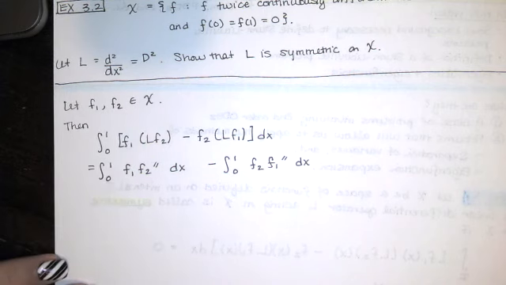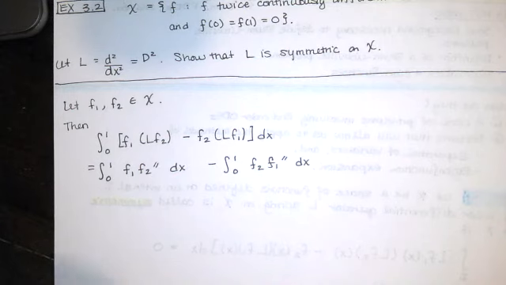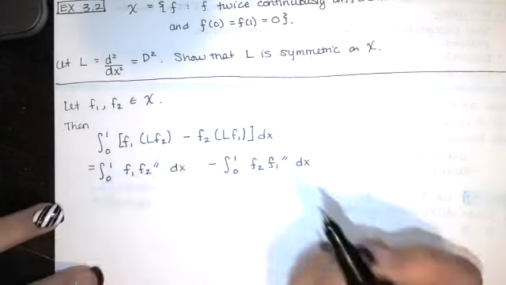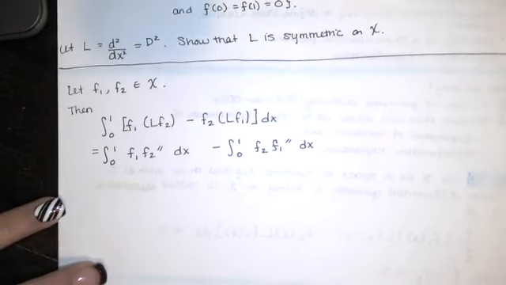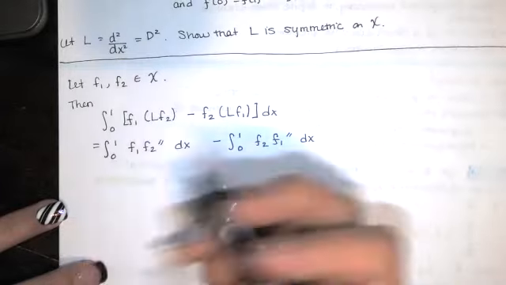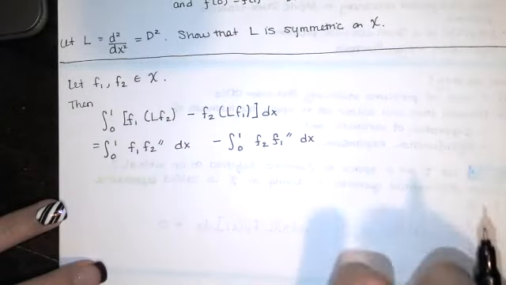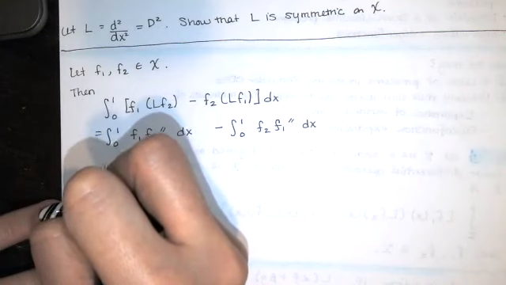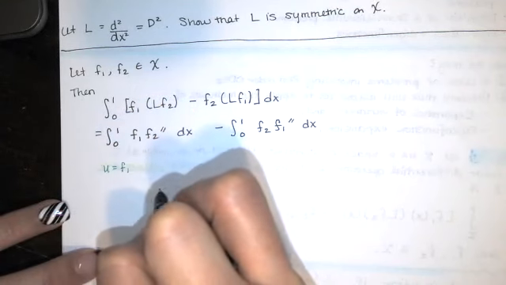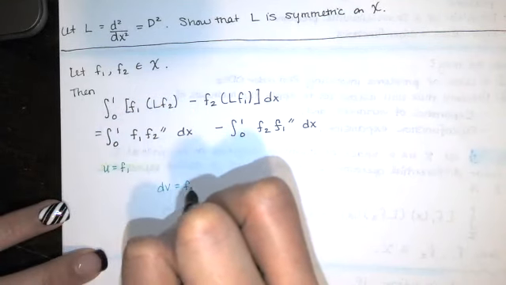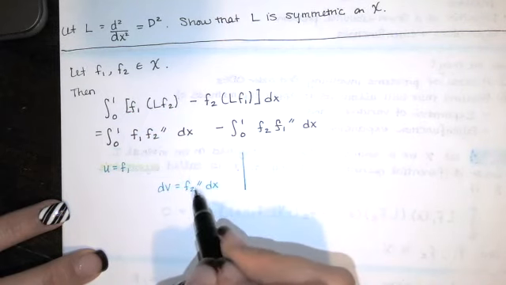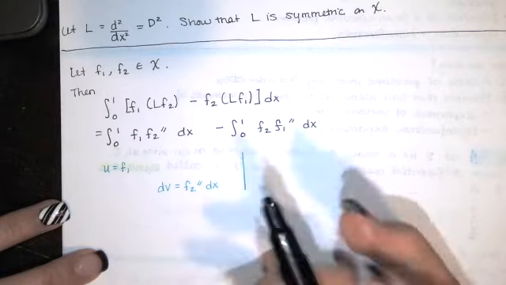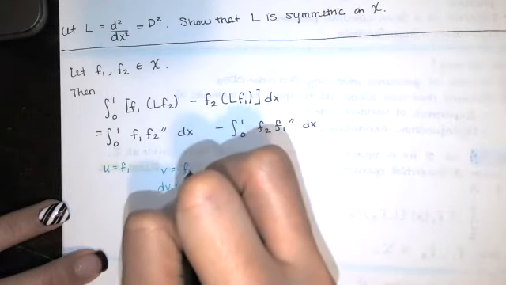Okay. Now, if we just go back to calculus 2 and we do a little integration by parts, we can show that this is going to be 0. It's actually very simple. Now, remember with integration by parts, dv has to be something that you can take the antiderivative of. So we're going to let u be f1, and we'll let dv be f sub 2 double prime. And that makes sense because I know that the antiderivative of f sub 2 double prime is going to be f sub 2 prime.